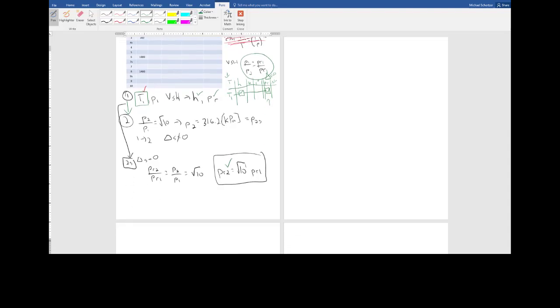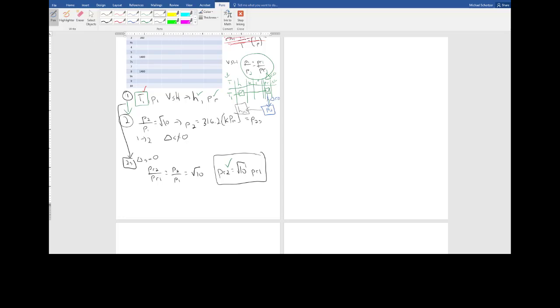So now we use this isentropic relationship to go from PR1 down here, and we found PR2, because delta S was equal to 0. Now we can go back, interpolate this way, and get H2S. Does that part make sense?